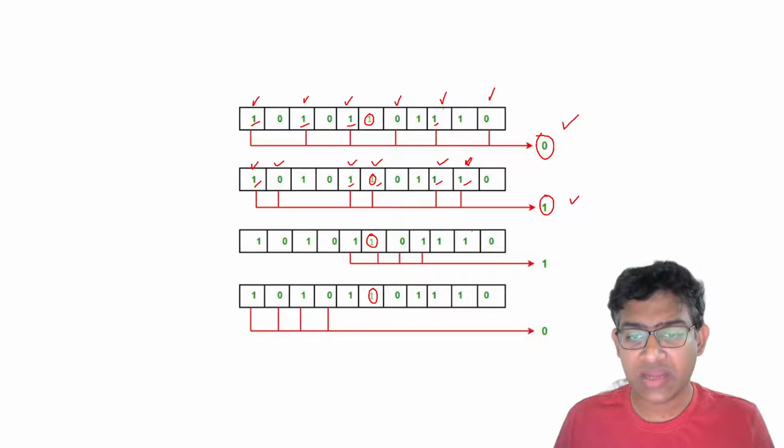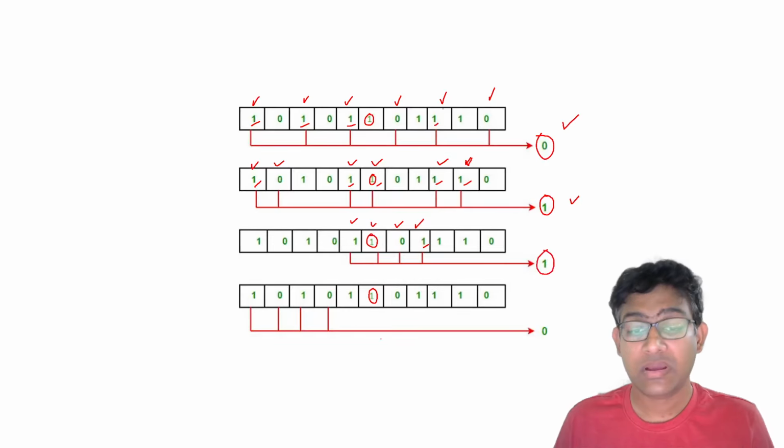Now let's consider R4. 1, 2, 3, 4. For this position, we need to consider only these 4 bits for the R4 part. And how many ones do we have? We have 1, 2, and 3. So 3 ones are there. To make it even, we have to have a 1.